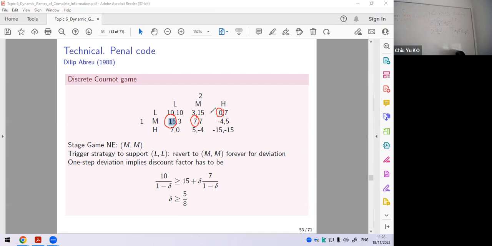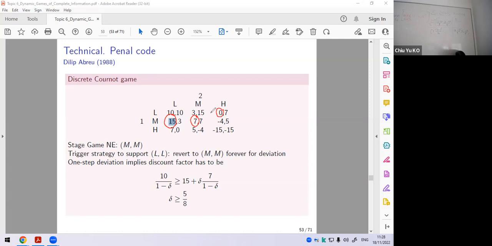The minimum is 0. So in this case, as long as the equilibrium gives him more than 0, it can be supported. It's symmetric, right? So as long as the outcome gives the player more than 0, this outcome can be a subgame perfect equilibrium if they are patient enough.